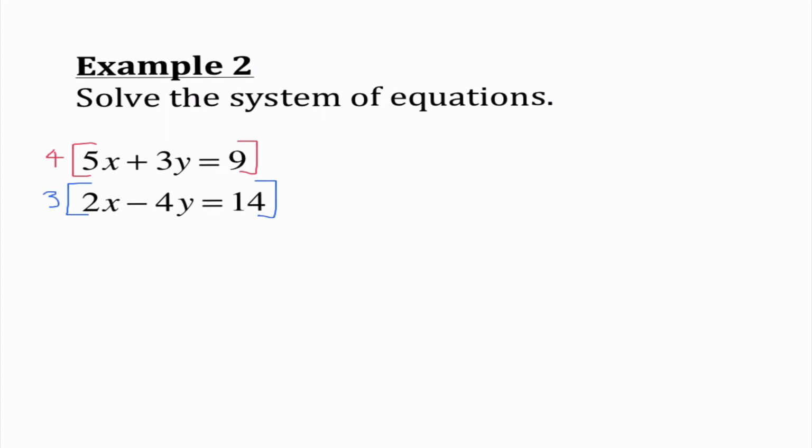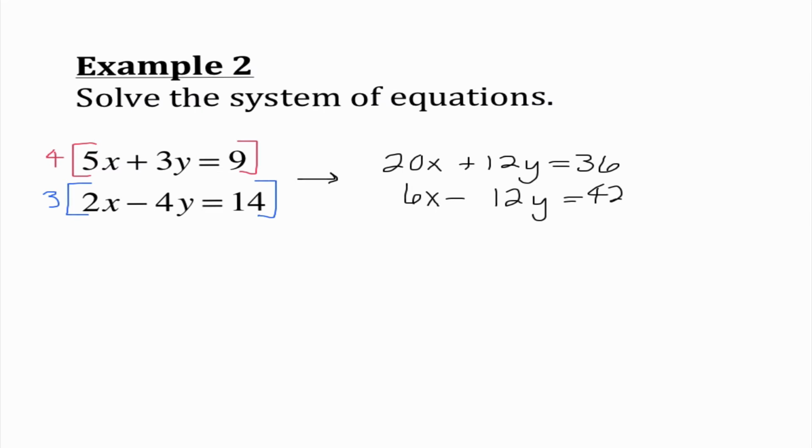I know the smallest number that 3 and 4 both go into is 12. So I'm going to multiply this top equation by 4 and this bottom equation by 3. So I would get 20x plus 12y equals 36, and 6x minus 12y equals 42.